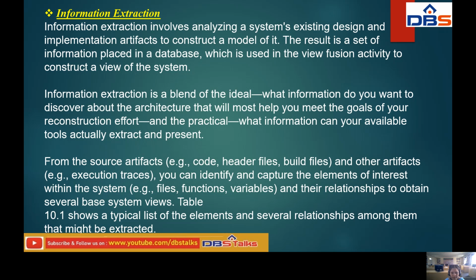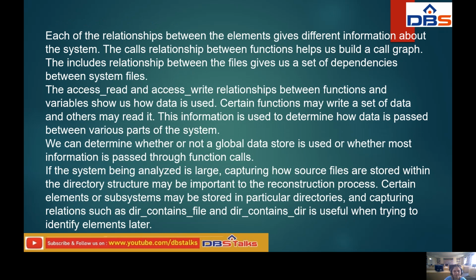For example, within files, using the functions and the variables, based on those we can examine their relationships to obtain several database system views. They can also obtain the relationships among the system views. Each of the relationships between the elements gives different information about the system.